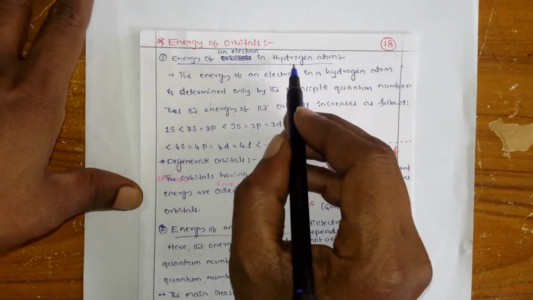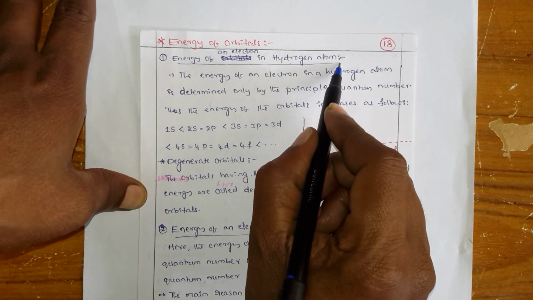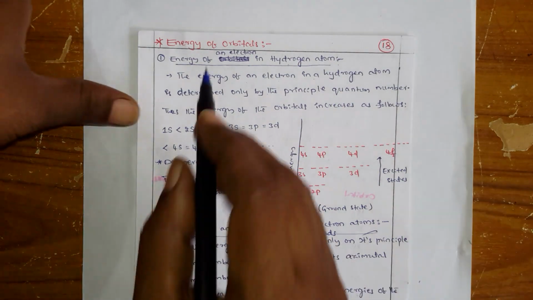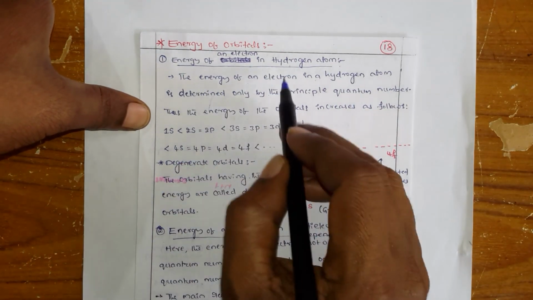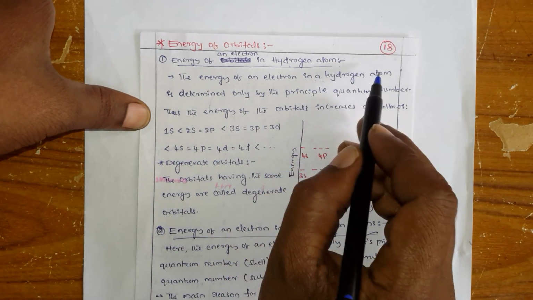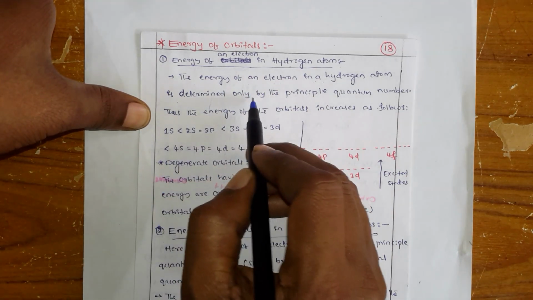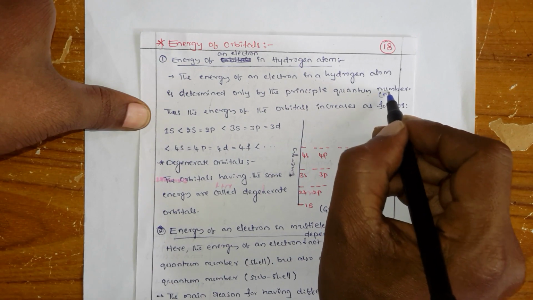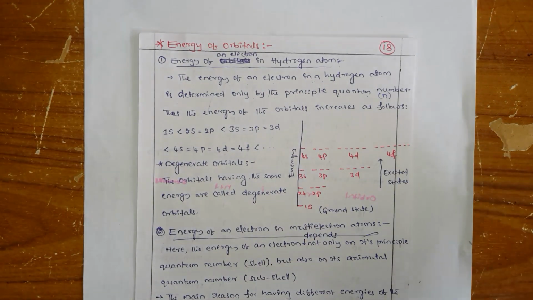In hydrogen, the energy distribution of orbitals is very simple. The energy of an electron in a hydrogen atom is determined only by the principal quantum number. As I told you, when the n value increases, the energy of orbitals also increases.